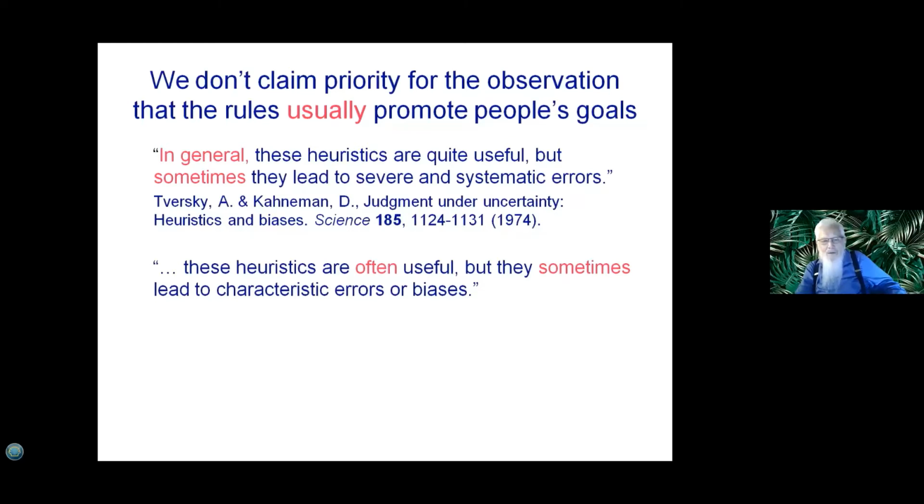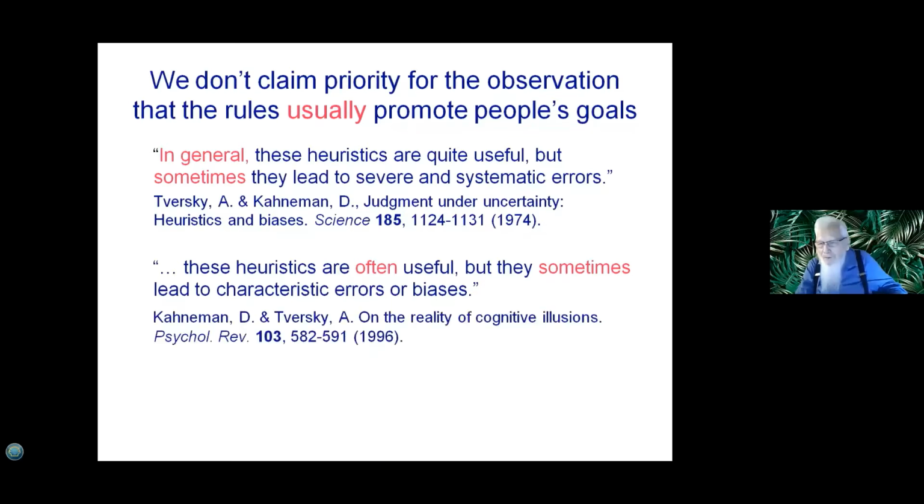Somebody who's completely different said that, not Tversky and Kahneman, but Kahneman and Tversky, okay? Kahneman and Tversky said this in the Psychological Review in 96. Also, now this is about a quarter of a century ago.